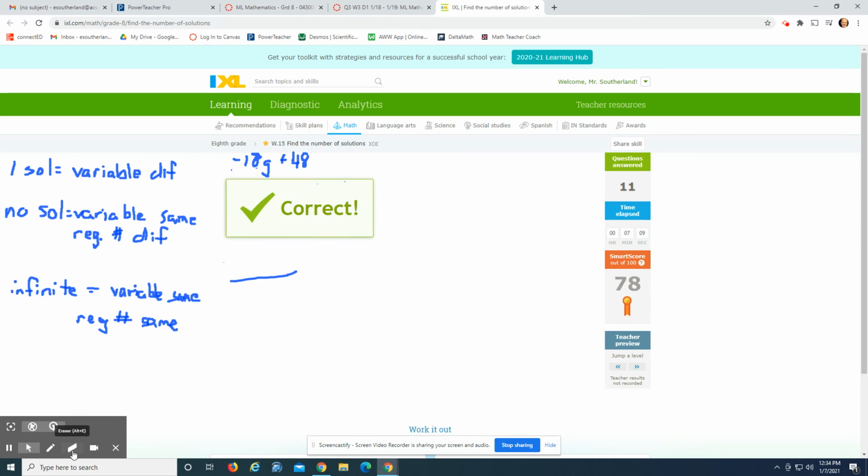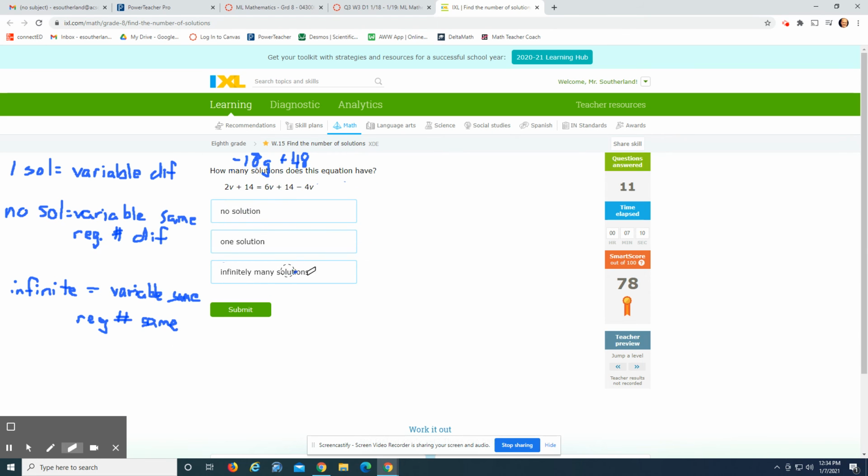So it has to be no solutions. And then we just keep checking. 6v and -4v become 2v. 2v, 2v, 14, 14. Everything's the same, so we have infinitely many solutions.